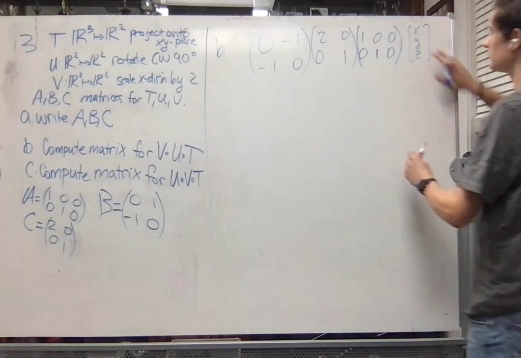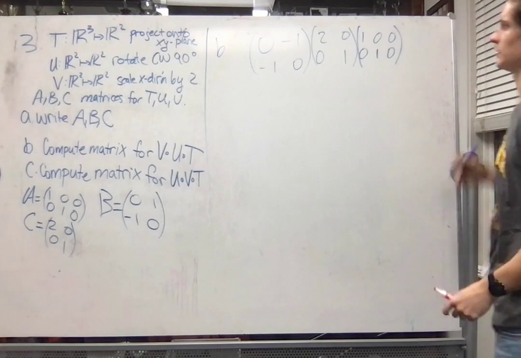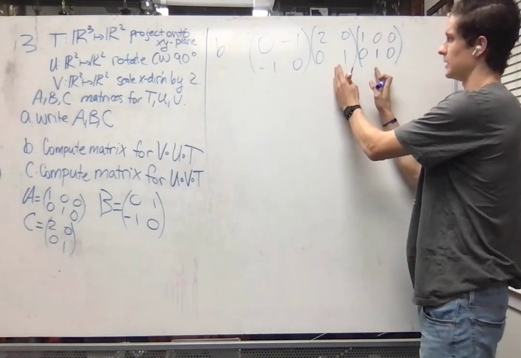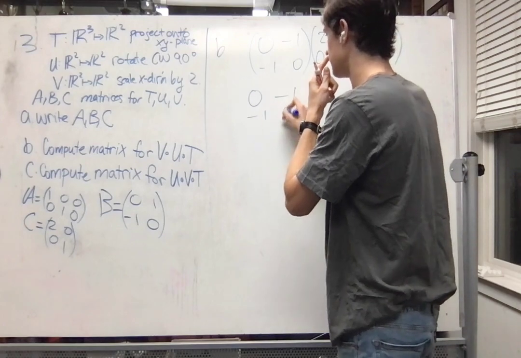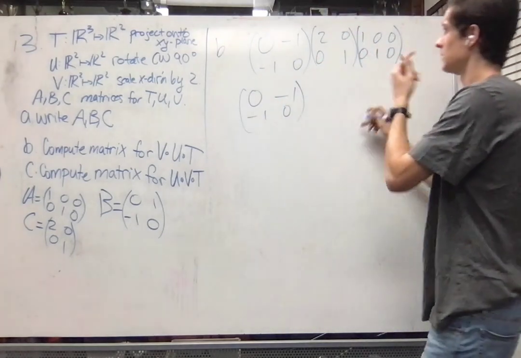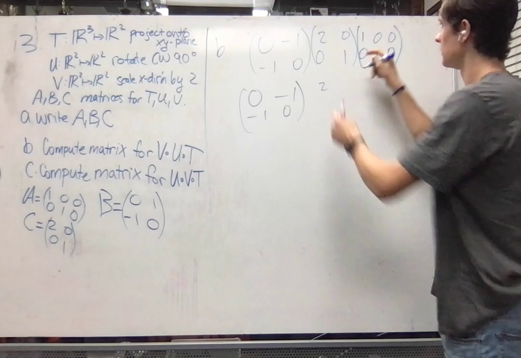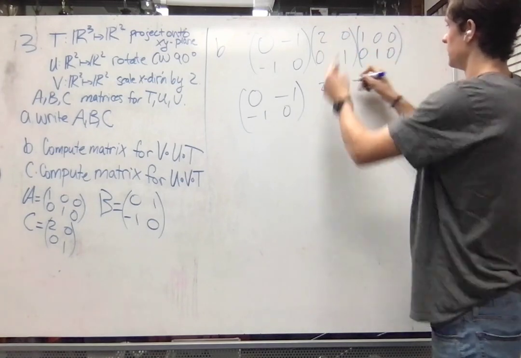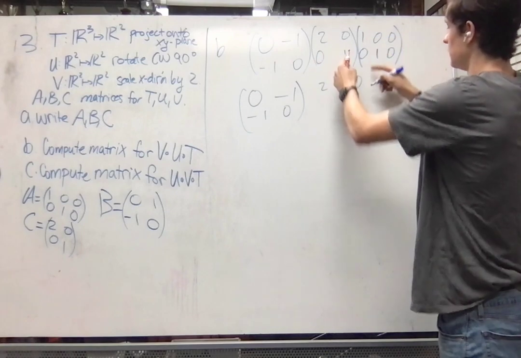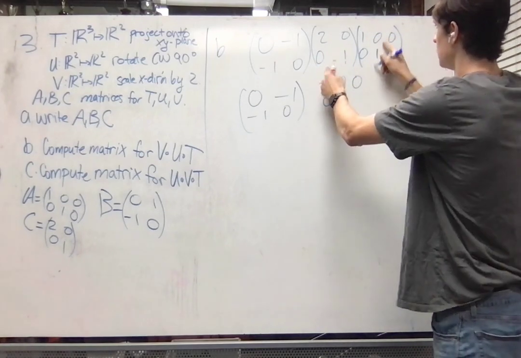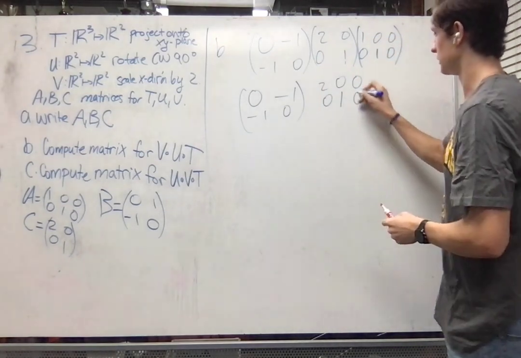Okay. So let's just do this product. First I'm going to evaluate this. I'm going to leave this guy, -1, -1, 0. So 2, 0, 0, 0, 1, 0.